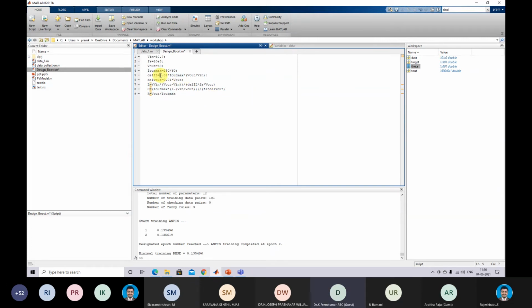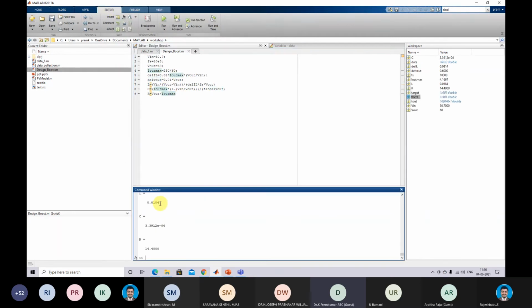Then I'm going to consider the inductor ripple current and ripple voltage percentage here. And then I'm going to execute this. So this is the calculation of the inductor and capacitor here.